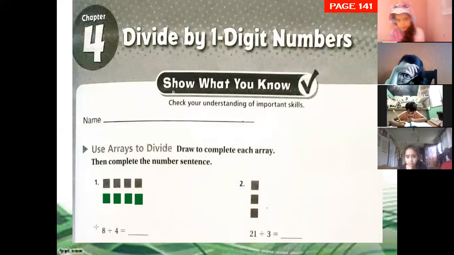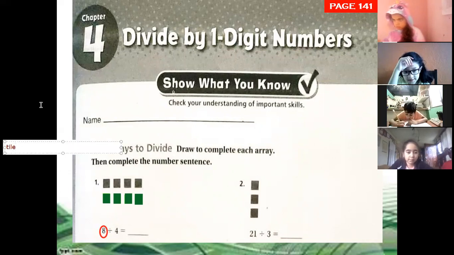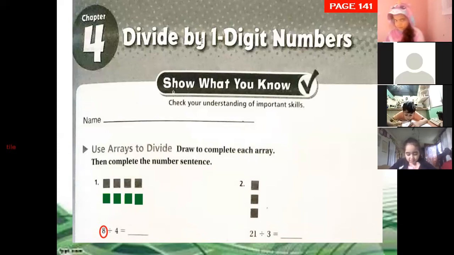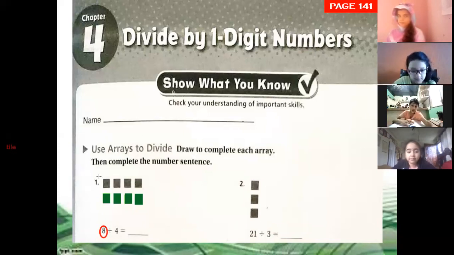You have 8 in total, and using those 8 tiles, because each square is a tile, you are going to divide the tiles in groups of 4. I need to make groups of 4. So how many are in the first line? In the first line, there are 4, right?